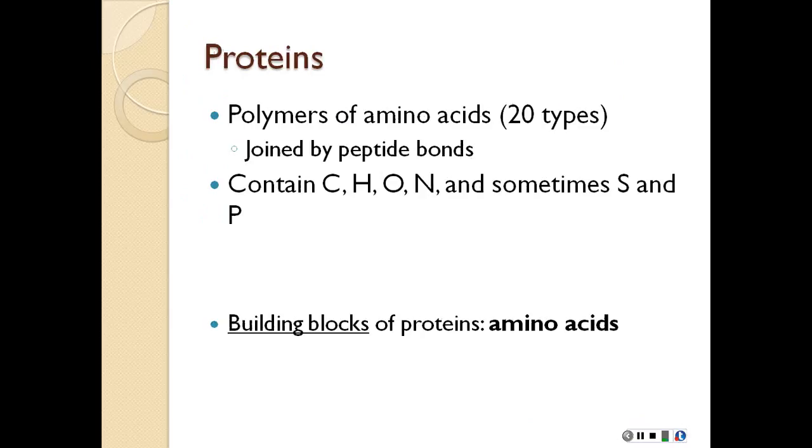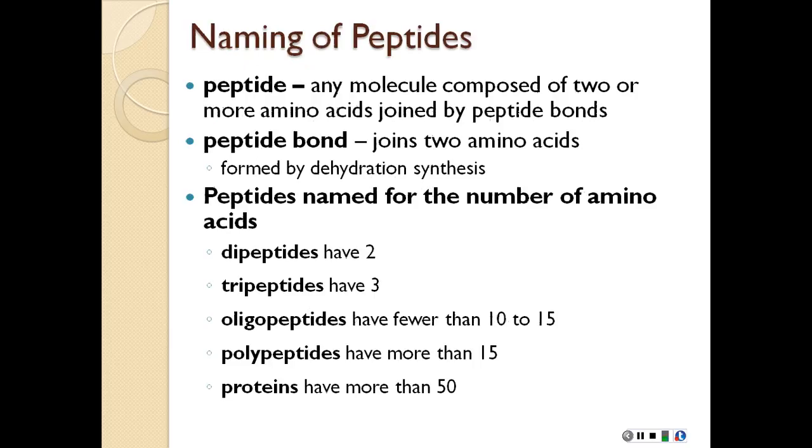Proteins are polymers of amino acids. There are 20 different types of amino acids. And the bond is actually covalent, but in proteins the bonds are called peptide bonds. So peptide bonds are found between amino acids within the protein molecule. Amino acids are the building blocks of proteins.